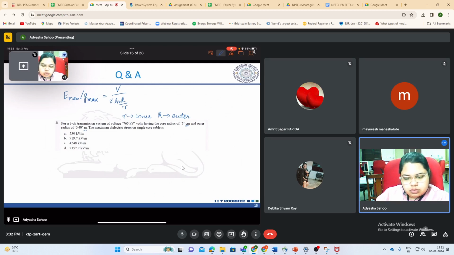Okay, what is the value of V here? What should I put? Amrit, Mayuresh, Debika, I want any one of you to please unmute and help me. What should I put for V?